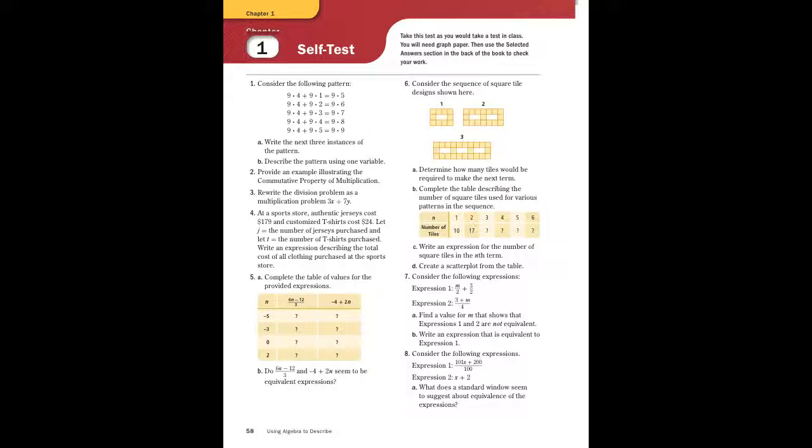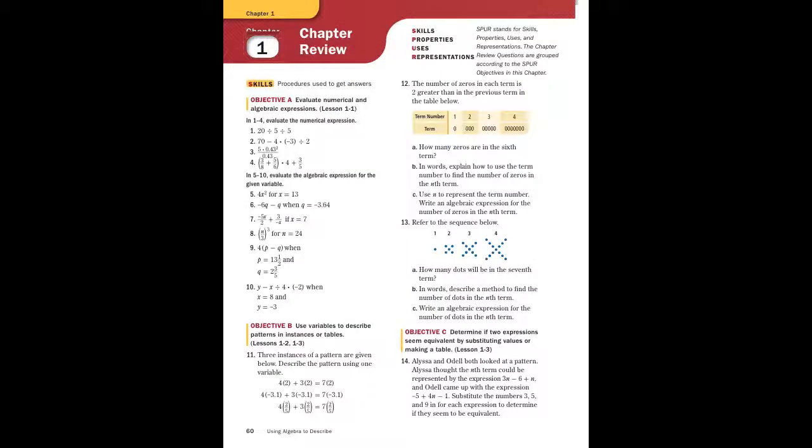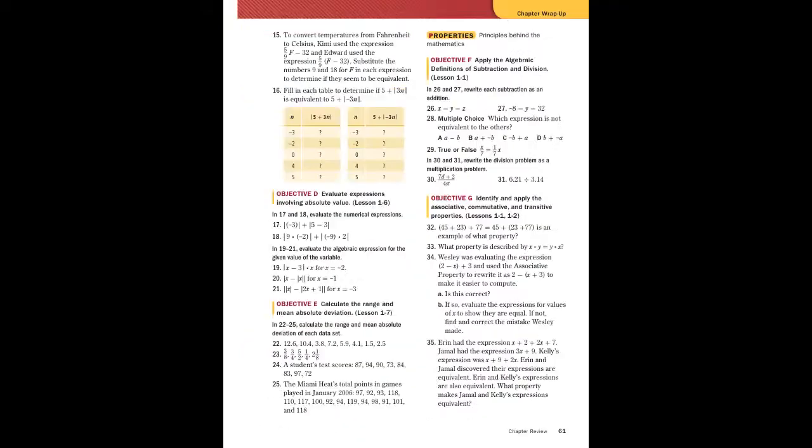Then when you're done, go to the back of the book and you'll find answers and solutions to all of these questions. There's also a table that will relate the self-test questions to review questions that are available in this chapter review section. It's given by objectives as well as lesson numbers. So if you're needing to go through this stuff, this would be the place to find it.